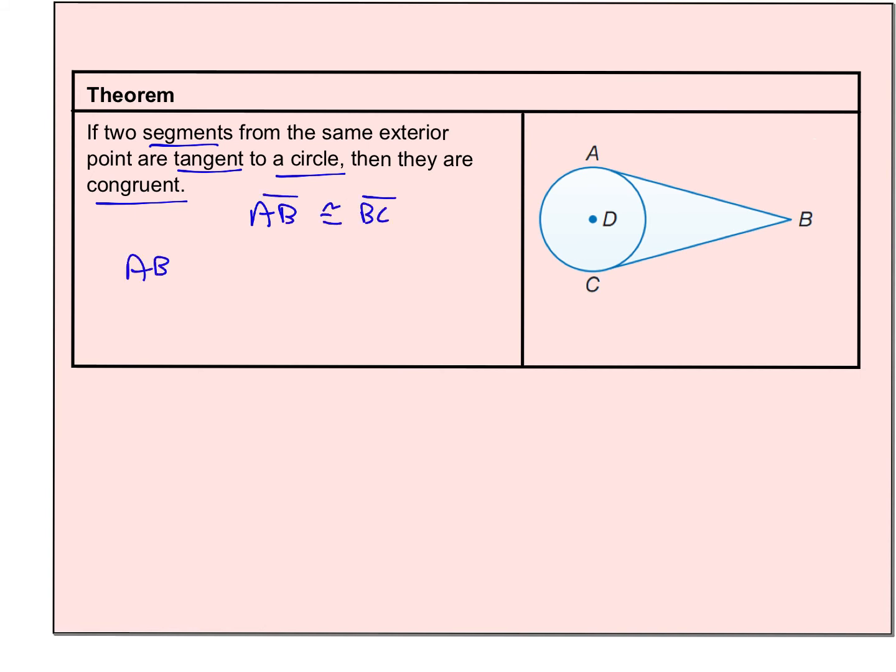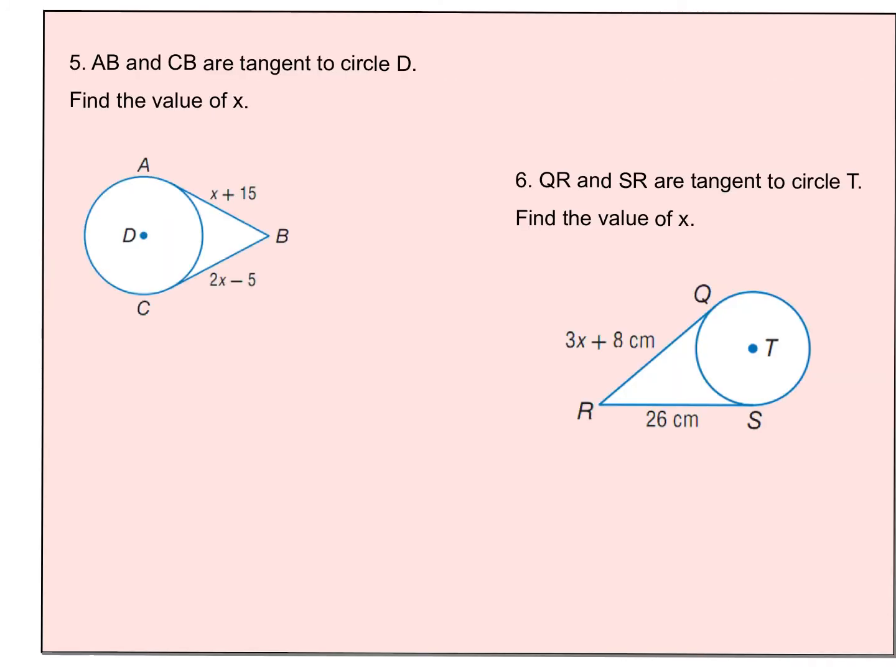AB and BC are tangent to circle D. Okay? So if they're tangent, they're congruent. If they're congruent, they're tangent. It works forwards and backwards.